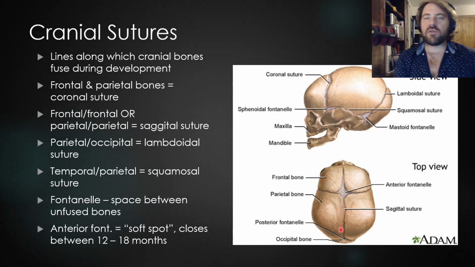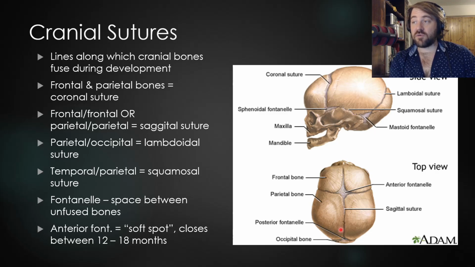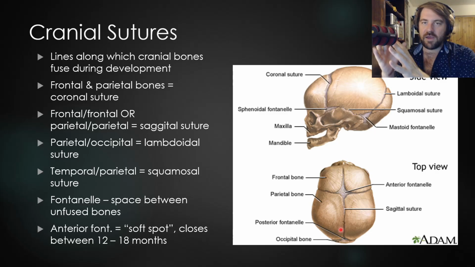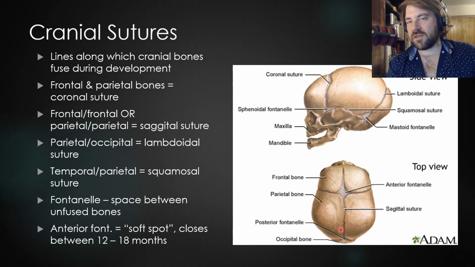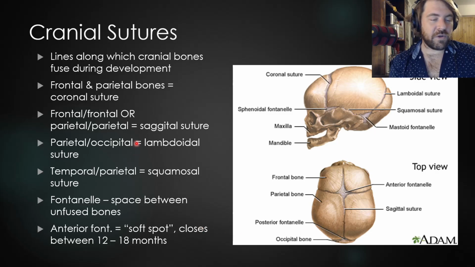Those fuse together along the sagittal suture, which again, sagittal plane, sagittal suture. Such easy stuff. It's all coming back together, right? You learned it before, and now you don't really have to learn it again because it already is a thing. Anyway.